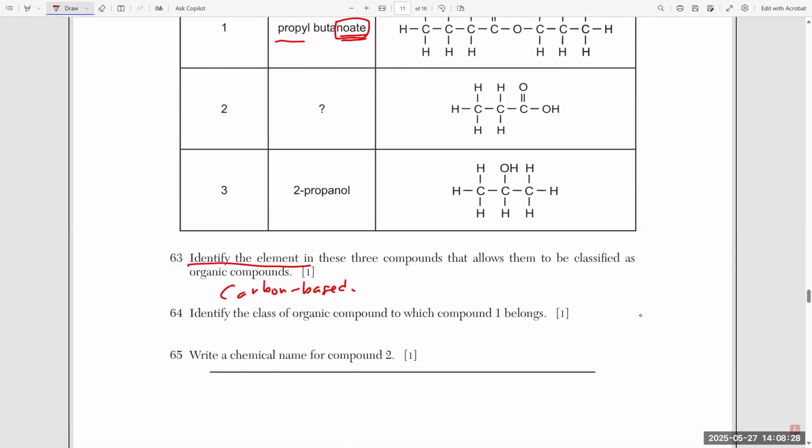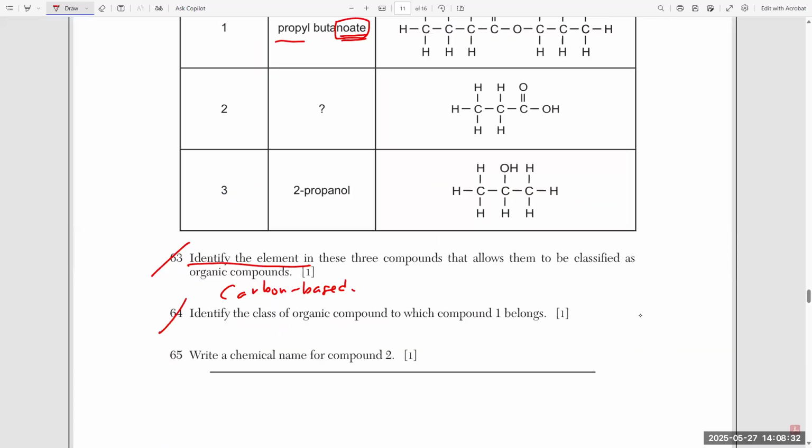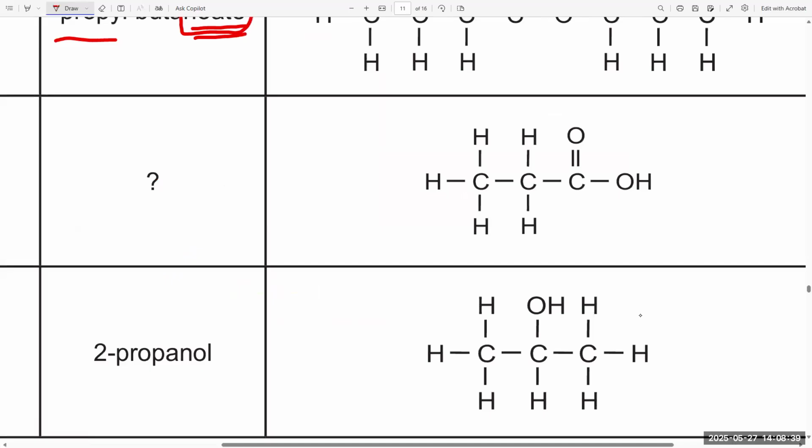Identify the class of organic compound. Oh, no, we did this one, right? 64, yes. Write the chemical name for compound number 2. All right, so let's figure out how to name this guy, right? So what's the key here? Key here is to look for certain things. I see this carbon with an O on top and an OH to the right.